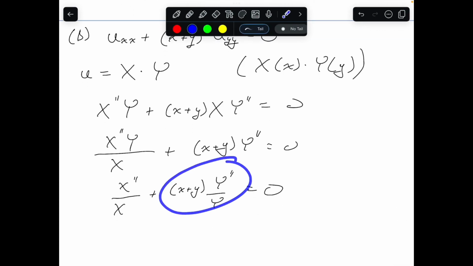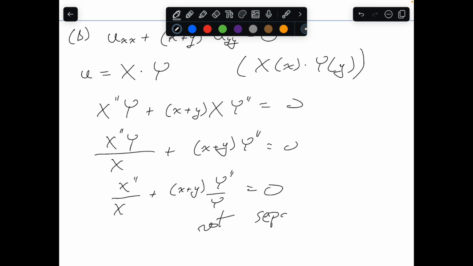This is almost separated, and you could bring this to the right hand side. You're just going to get stuck because of this little x plus little y thing over here. So even if you get all the x's by themselves, you just can't. So this is just not separable.